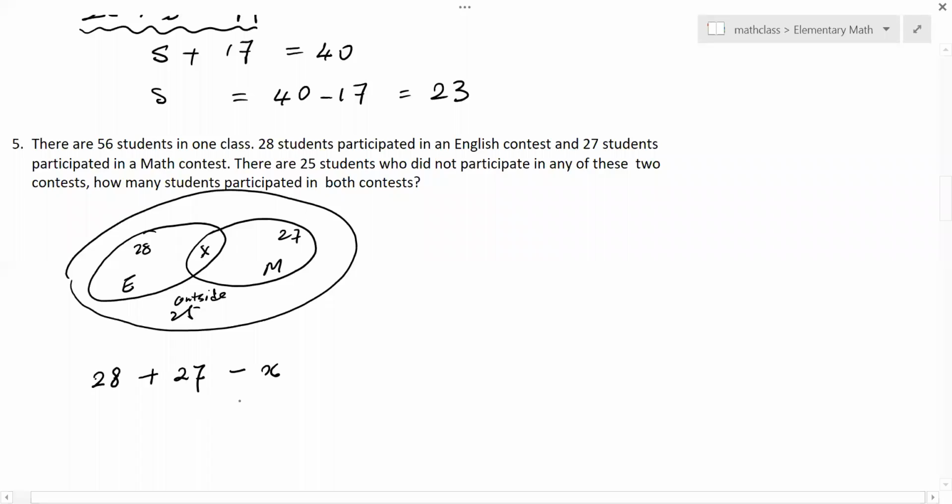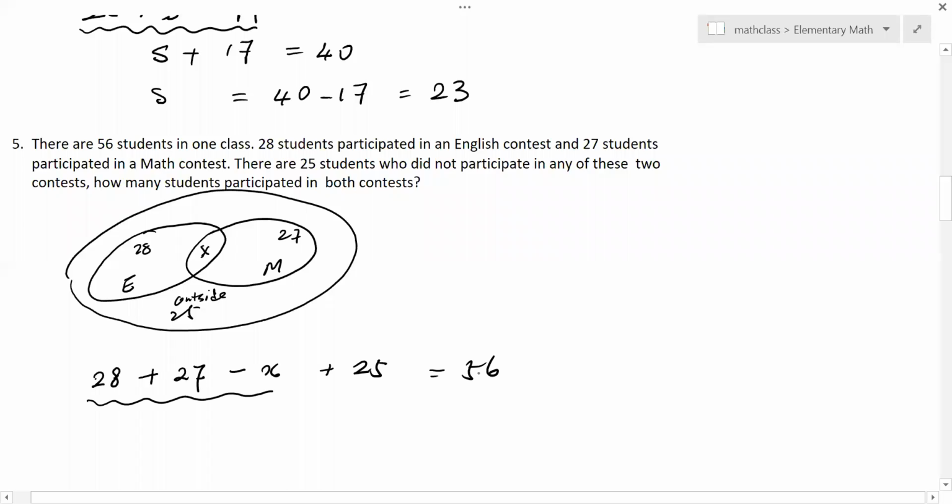That gives the total number of students who participated in at least one contest. Then you add the 25 to get the total number of students in the class, which is 56.